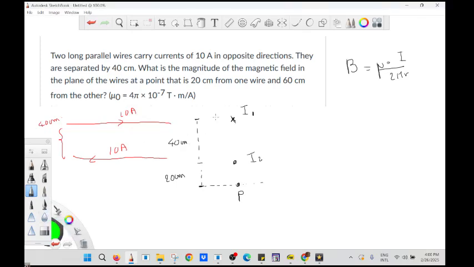So you see that if you use your right hand, I1, so you make a circle, so you put your thumb into the blackboard and you go around with your hand. You see, it's going to make a magnetic field. The magnetic field always likes to circulate here. It's going to make a circle around I1.